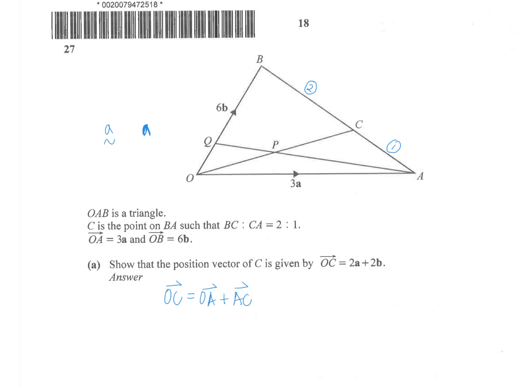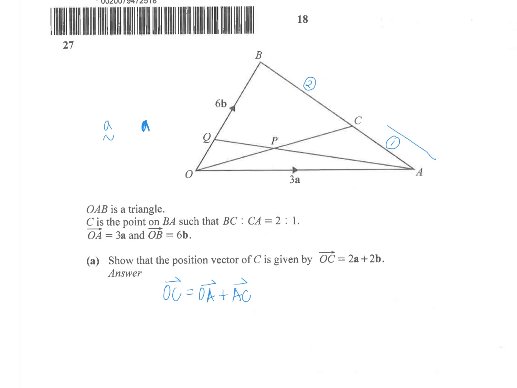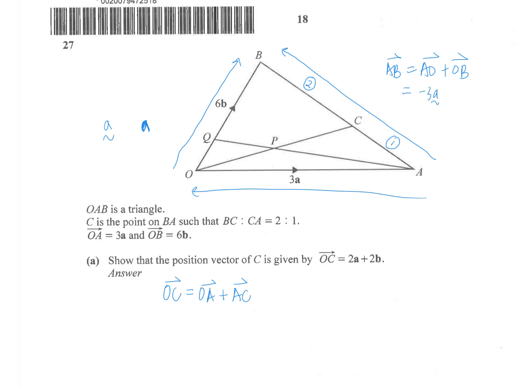But we need to find AC first. So to find AC, you need AB. So AB is the same as moving from A to O and then from O to B. So AO is the opposite direction of OA, so it's minus 3a, and then OB is just 6b.